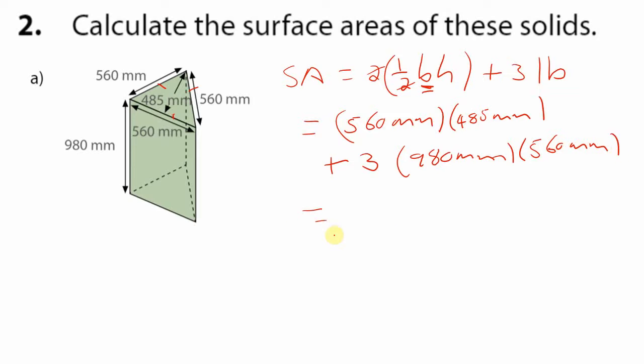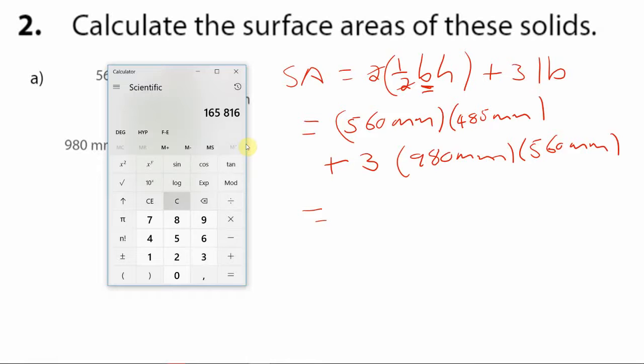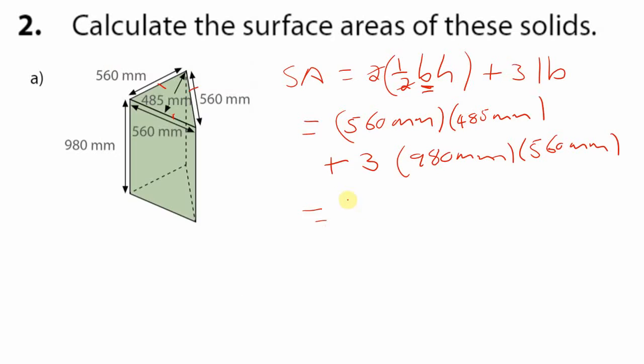And now it's a matter of doing the calculations. So we have 560 multiplied by 485, which is 271,600.